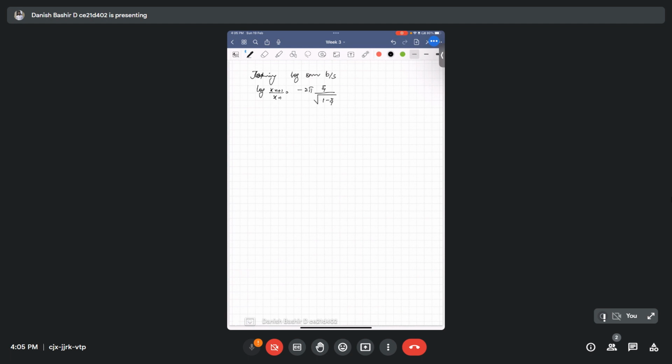So we denote this log of xn plus 1 divided by xn by another term, delta. Delta is equal to 2 pi theta upon root under 1 minus theta square, in fact.